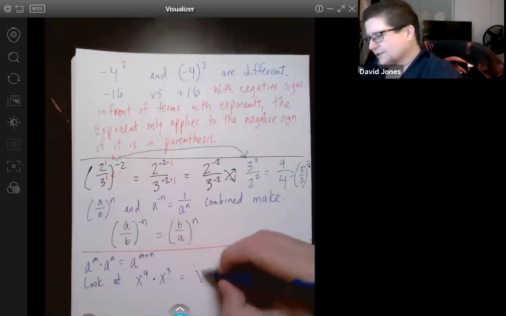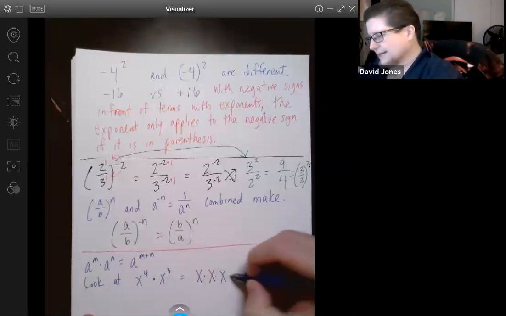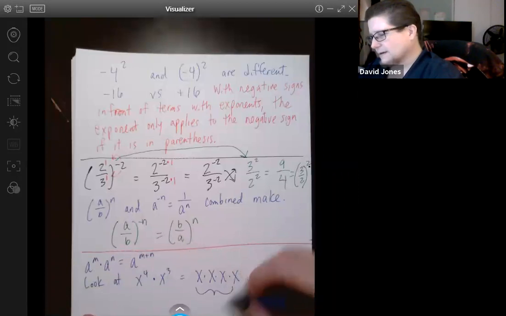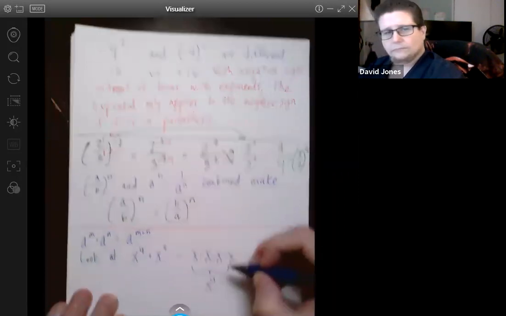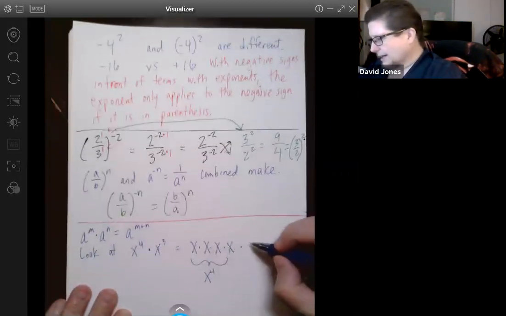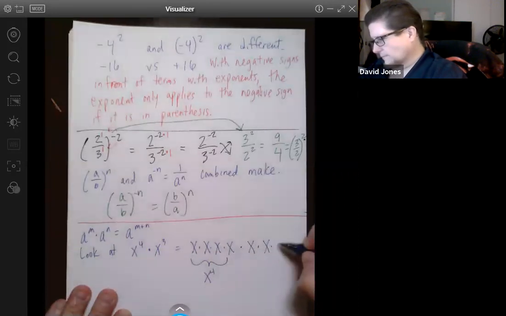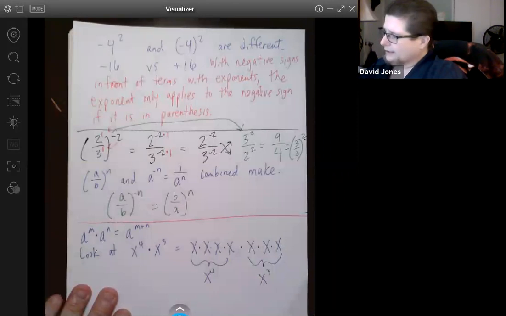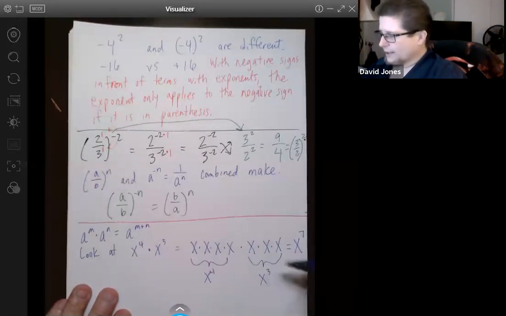The first, x to the 4th, is x times x times x times x. Then we've got x cubed, which is 3 x's multiplied together. And when we put them all together, we have x to the 7th, which is effectively showing that the exponents add.